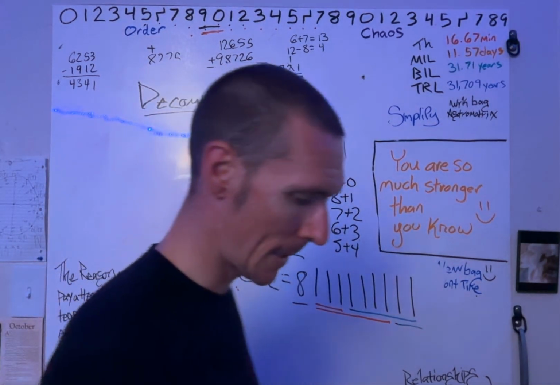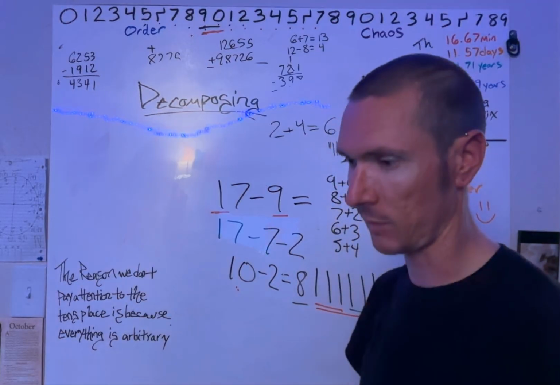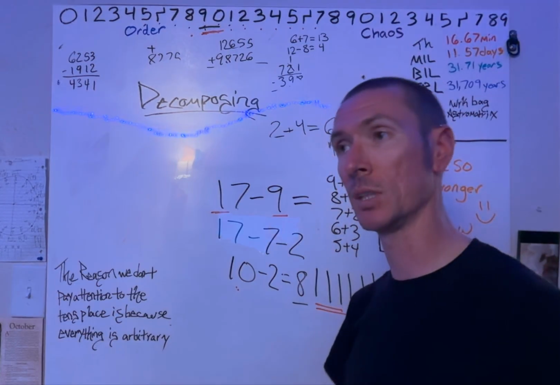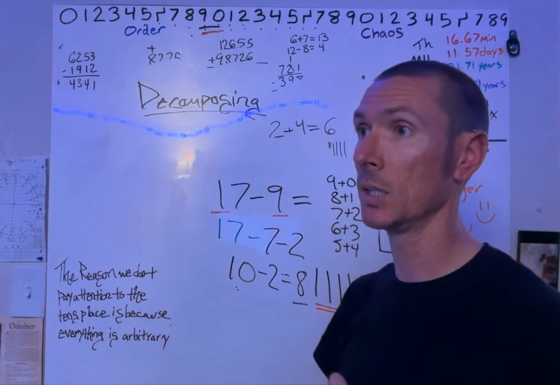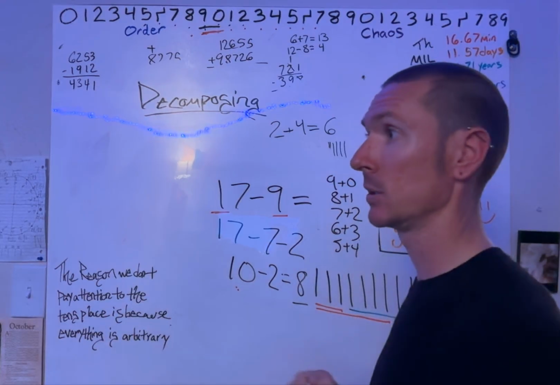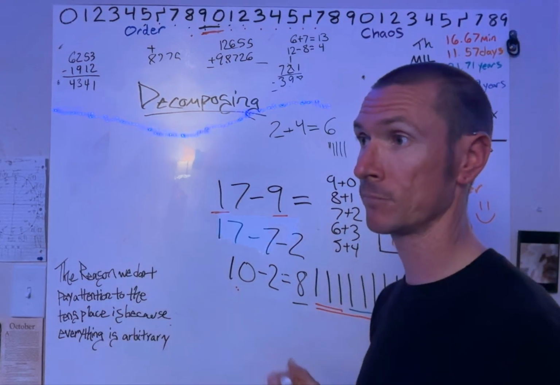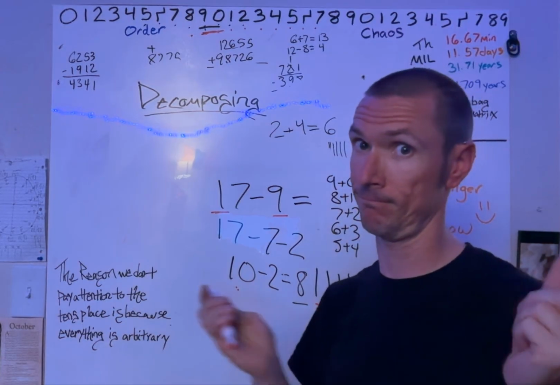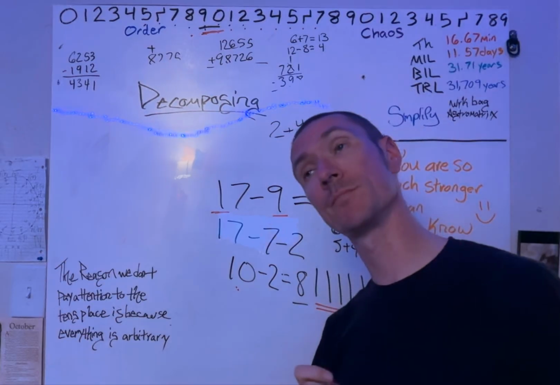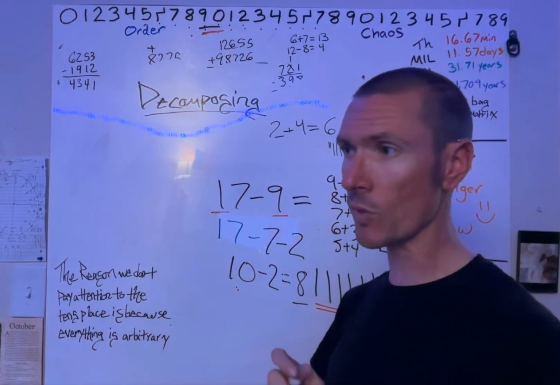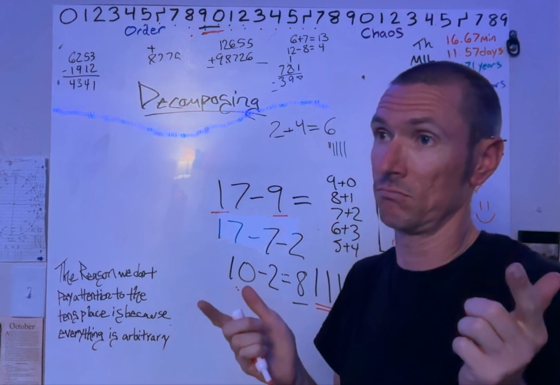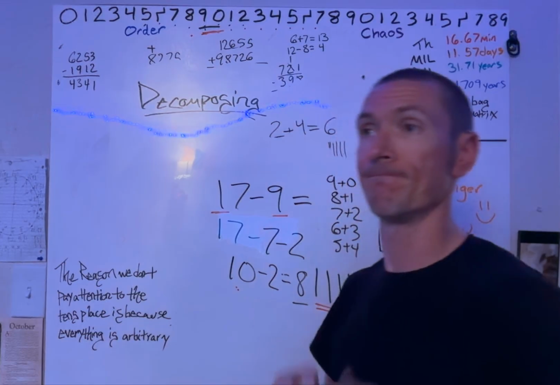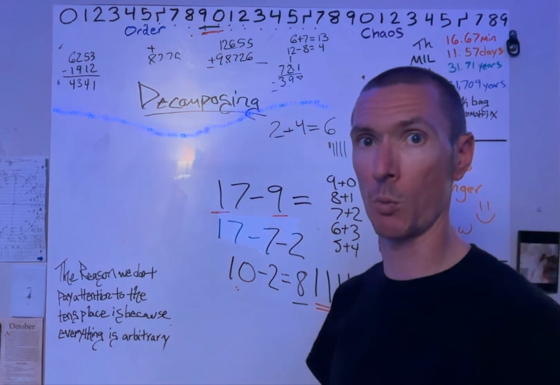I can be confusing. 5 can be 15 minus 10. 5 can be 25 minus 15. 5 can be 2 plus 3. 5 can be 9 minus 4. 5 can be 13 minus 8. 5 can be 19 minus 14. 5 can be 1 plus 4. 5 can be 5 plus 0. 5 can be negative 2 plus 7. 5 can be the square root of 25. 5 can be whatever I want it to be.